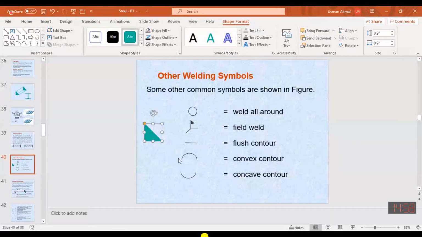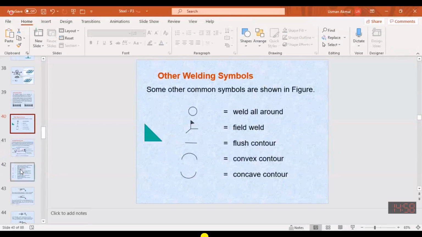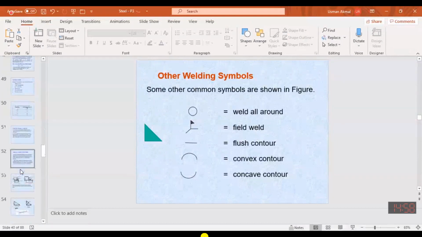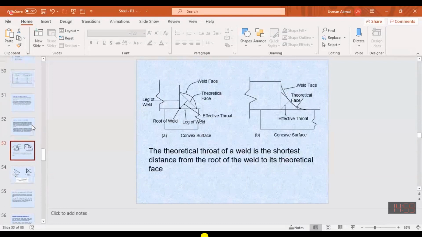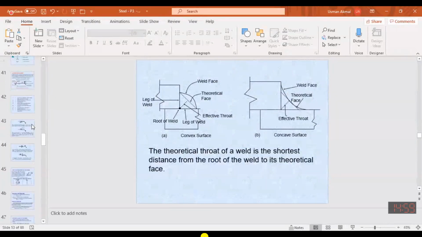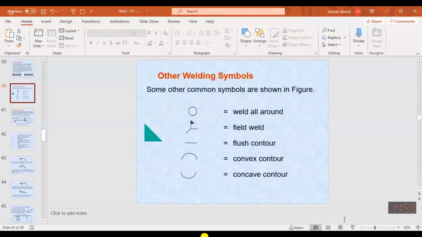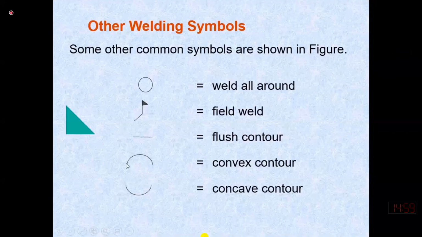And sometimes, if the welding is this shape, this is convex, this line is not flat, or we may have the face as concave downward. So in that case, we have to denote it by this symbol. This is the convex contour, this is the concave contour.